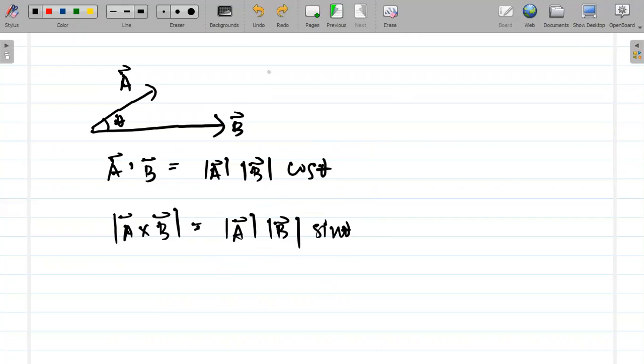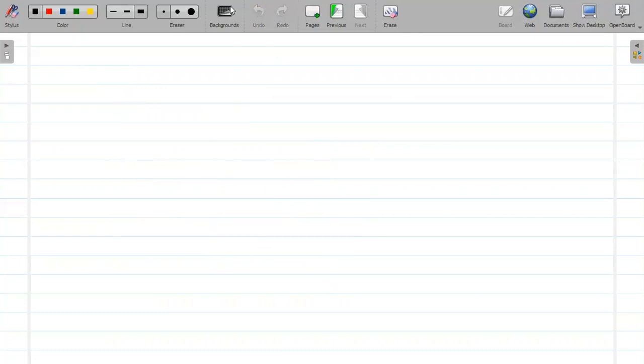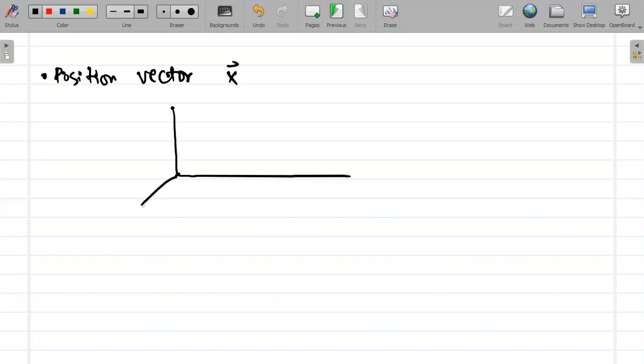Now, let's proceed to the position vector. So we have here the position vector. Let's call this x. Now class, ang ating coordinate system will be x, y, z. Tapos yung ating vector x, let's say nandito. Siya ay pointing here.